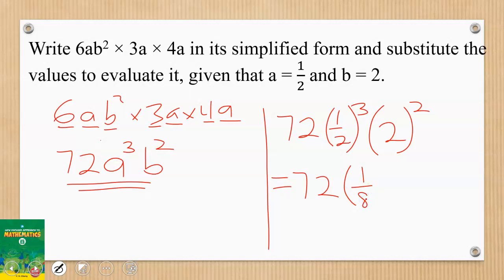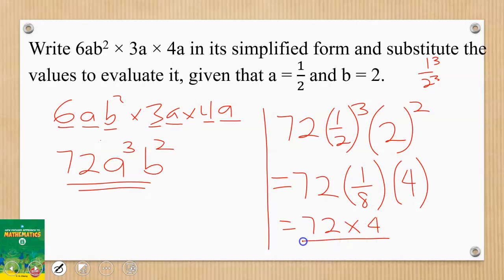That means we are going to have 1 to the power 3 and 2 to the power 3 as well. So that will give us 1/8. Then times 2 times 2, which is 4. So more or less we have 72 times 1 times 4 all divided by 8. So this is what we have.